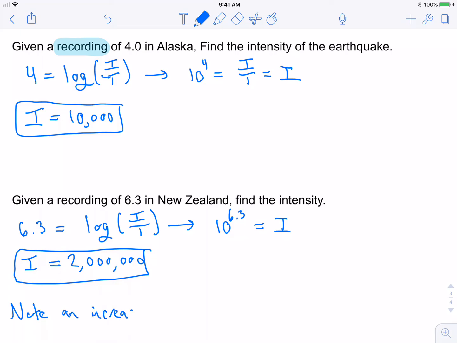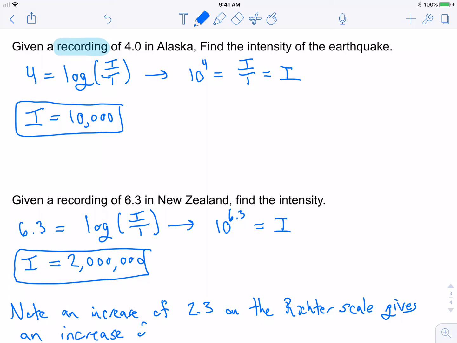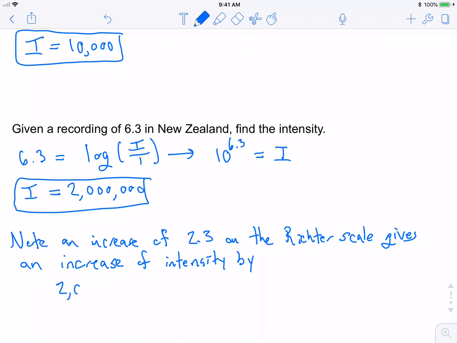So note, an increase of 2.3 on the Richter scale gives an increase of intensity by 2 million divided by 10,000, which is exactly 200 times stronger.